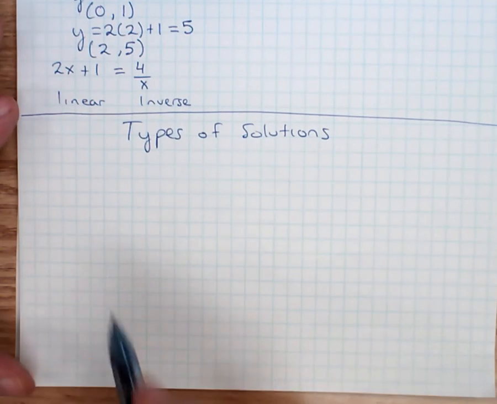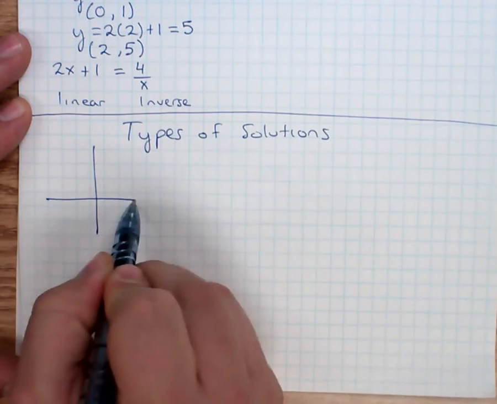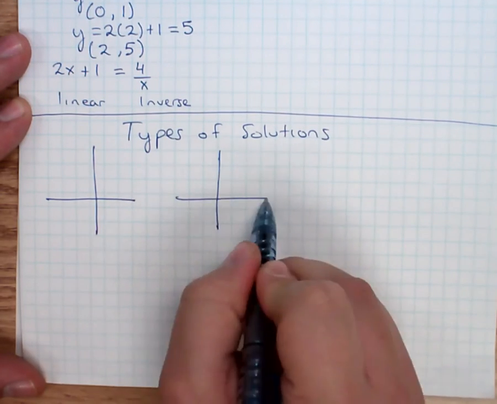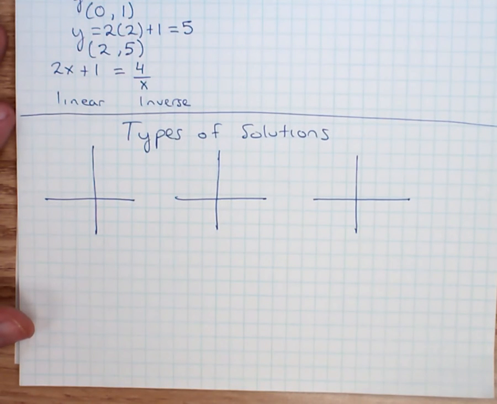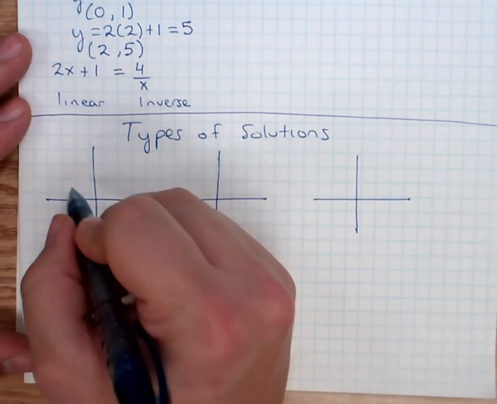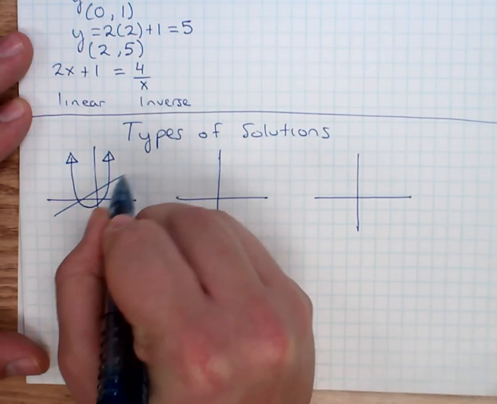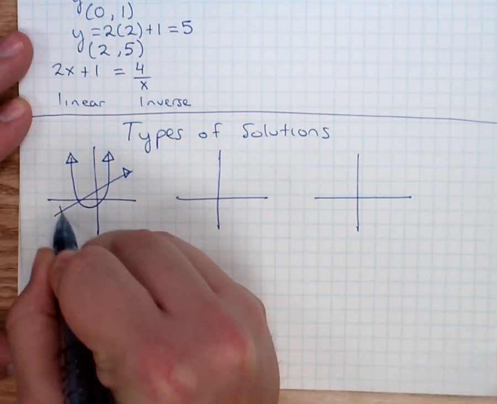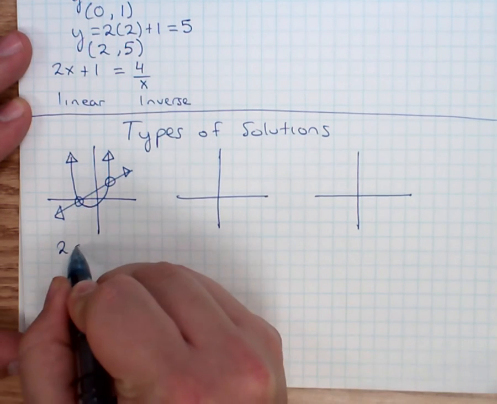In the conversation, what was one of the potential solutions for a quadratic versus a linear? 2 solutions, okay, so I could draw my parabola, and I would have to have 2 intersection points. So this would be 2 solutions.